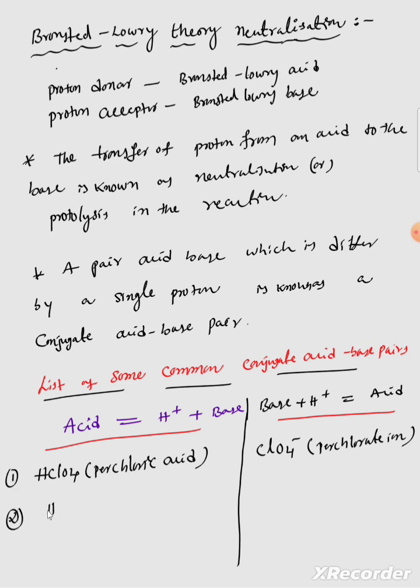Next, hydrogen bromide, HBr, which we name hydrobromic acid. When it loses a proton it becomes Br minus, the bromide ion.